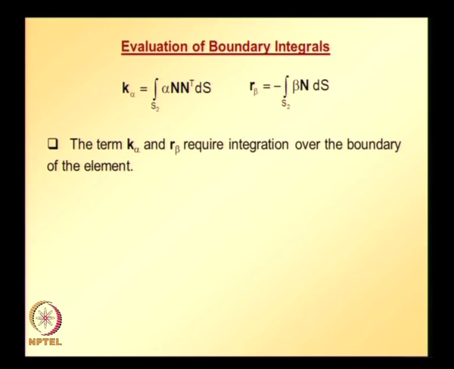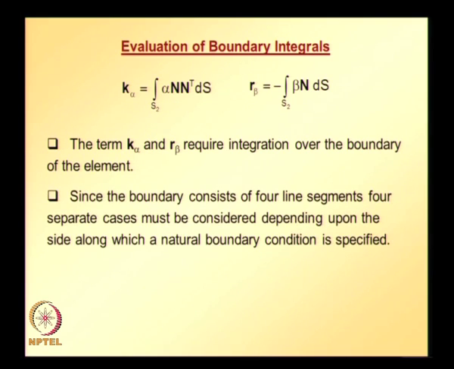Since we are dealing with a 4 node quadrilateral element, the boundary consists of 4 line segments, so 4 separate cases must be considered depending upon the side along which the natural boundary condition is specified. Please note that we need to evaluate these boundary integrals only along the side on which the natural boundary condition is specified.